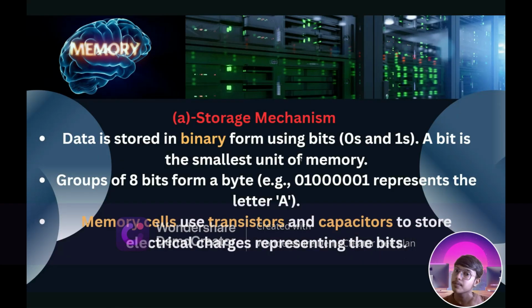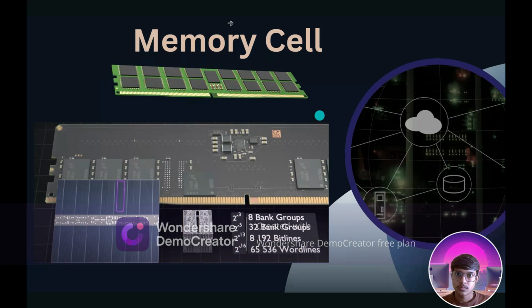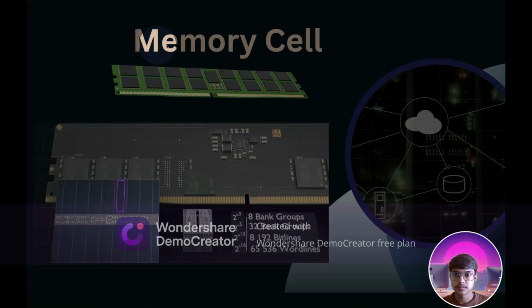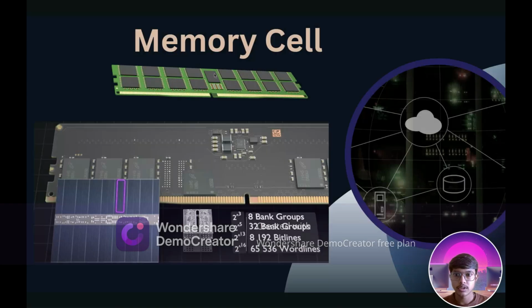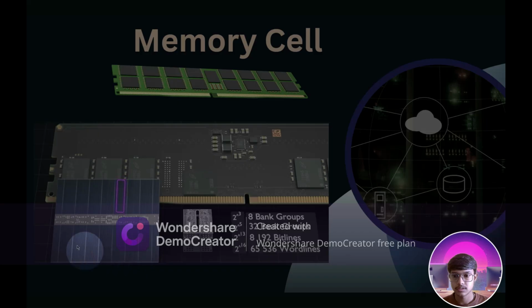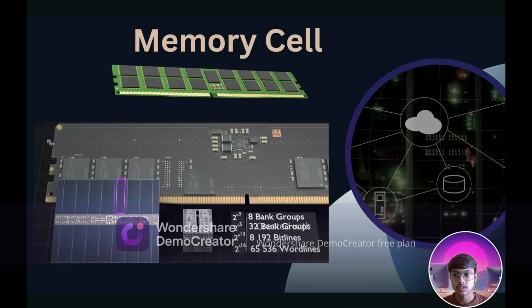Now I'm going to show you a magnified image of the memory cell. See, this is a memory cell, and each portion looks somewhat like this. This is a magnified image.